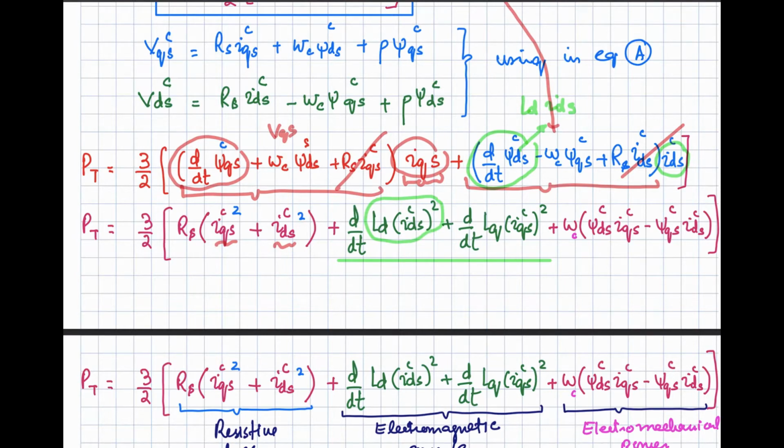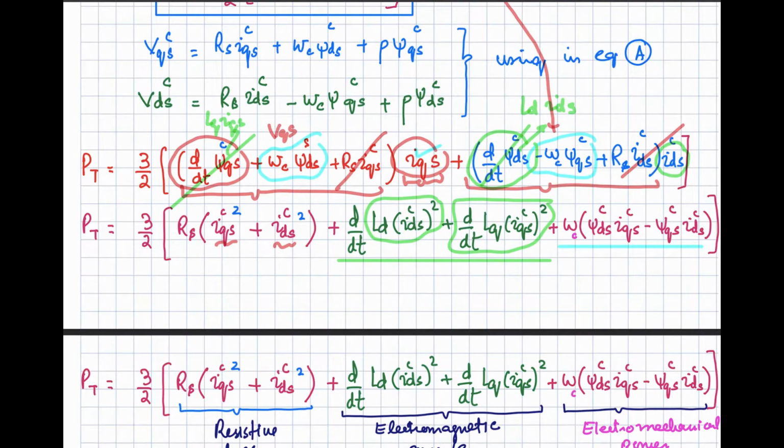And similarly, when you represent it in terms of inductance and current, LQ into IQS multiplied with IQS, you are going to get this term. So this and this have been written over here, and the rest of our part is this one, omega C into phi DS into IQS minus omega C phi QS into IDS, so that you can see over here, right?